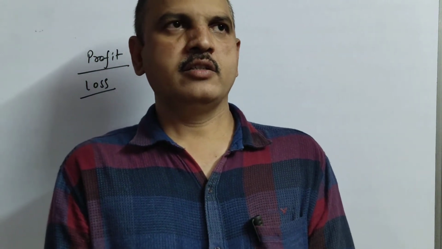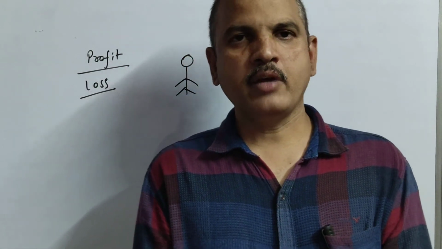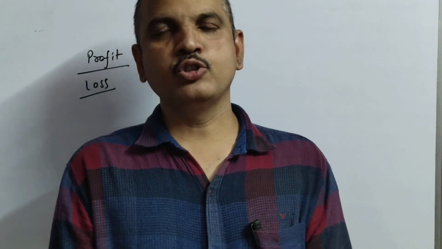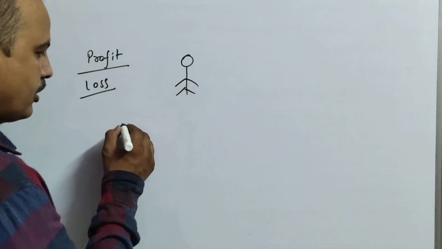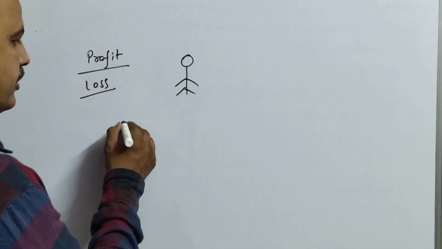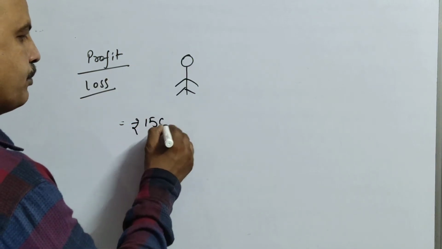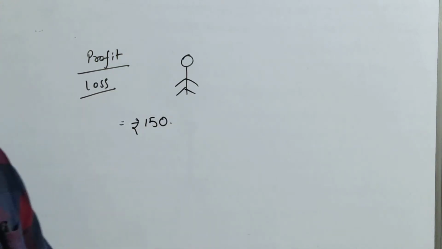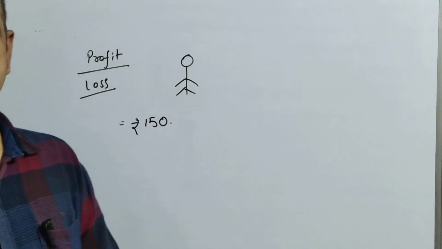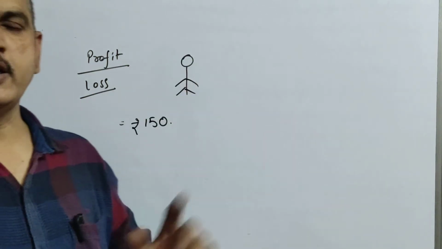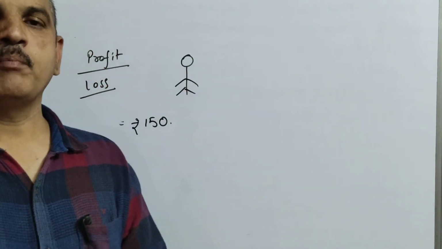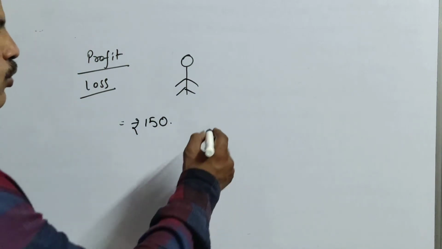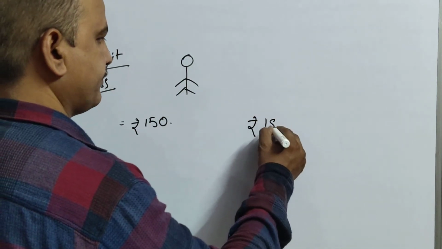One of his friends told, madam, I'll give my geometry box to him, and tomorrow I'll purchase a new one. The boy, his friend, had brought the compass box for 150 rupees, and he is selling the compass box to his friend for 180 rupees.